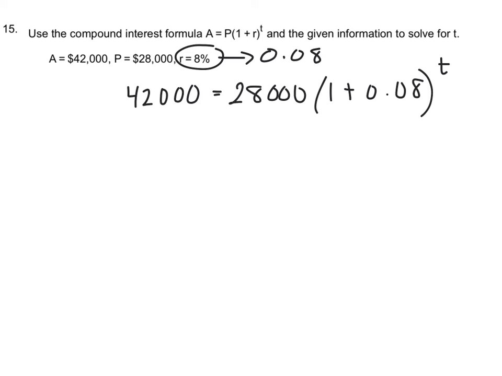And we want to solve for T. First, you'll do the operation within parentheses. So 1 plus 0.08 is 1.08.